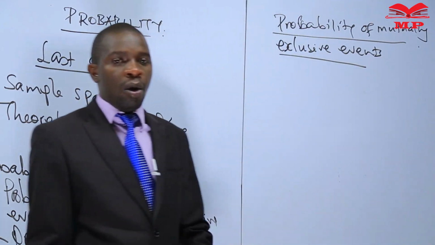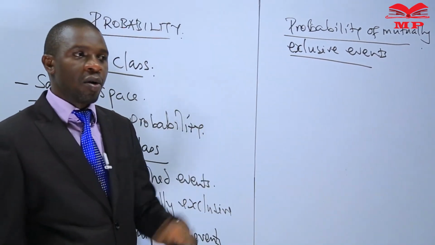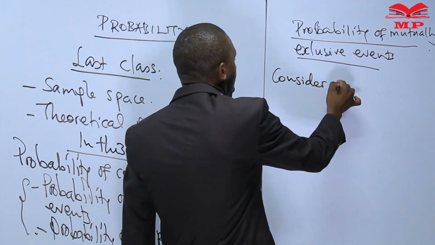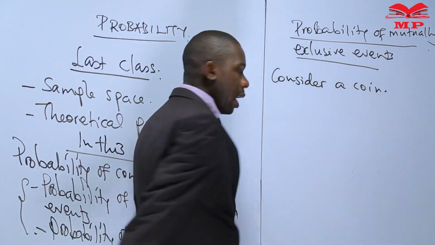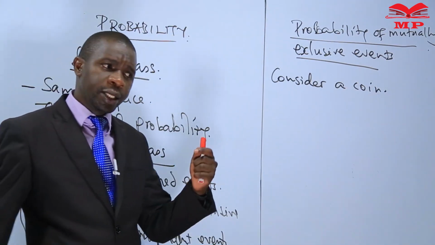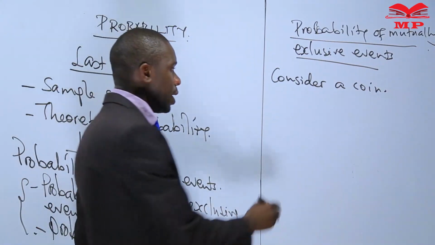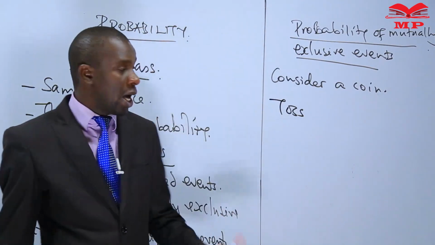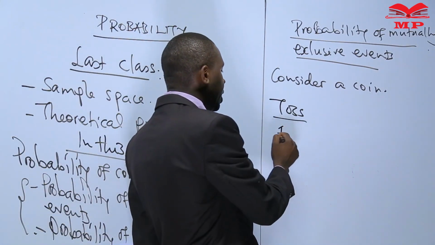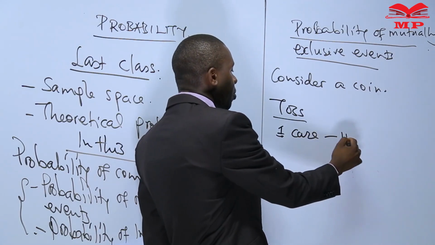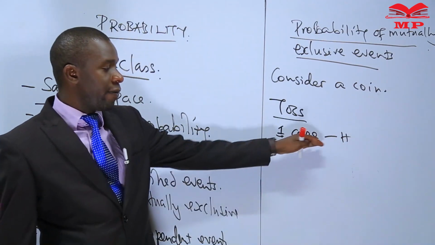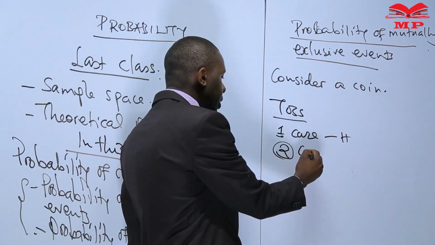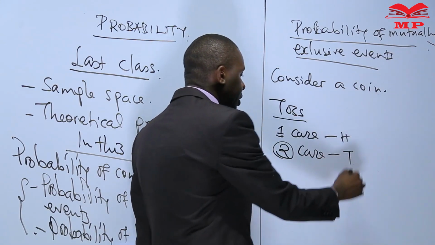Now, I want us to consider a coin. When you toss a coin, there are two possible outcomes. The first case is that you end up with a head. The second case is that you end up with a tail.